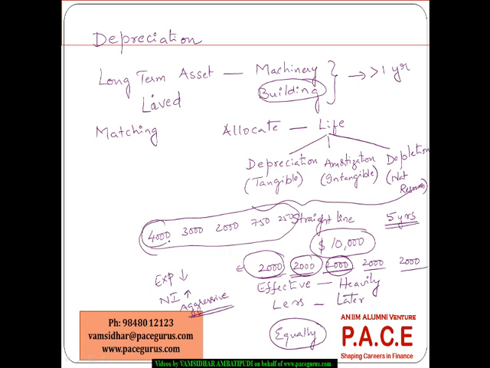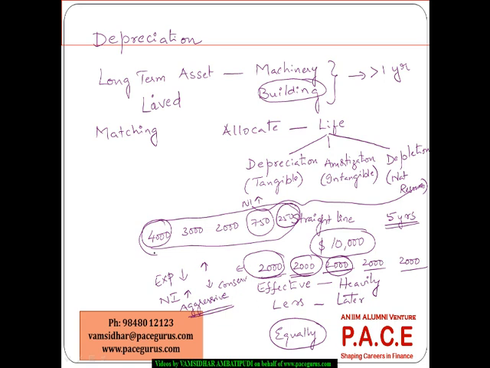Right, but in the accelerated case, initially depreciation expense is much higher and net income is much lower, so it is conservative. But in the later years, the depreciation expenses are much lower, so the net income is going to be much higher compared to the straight line method.